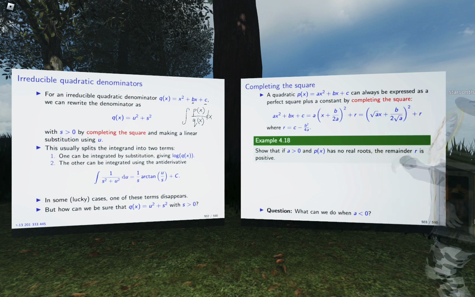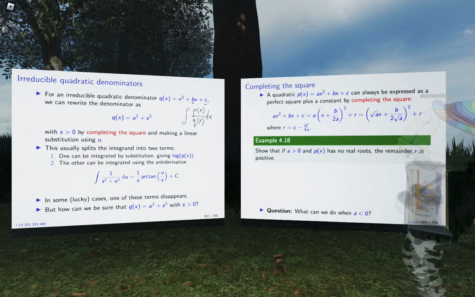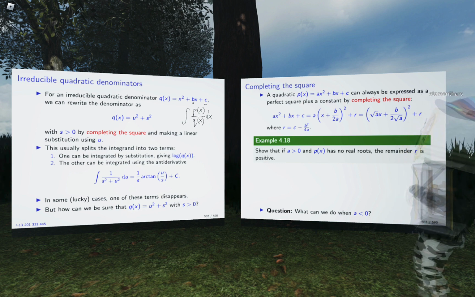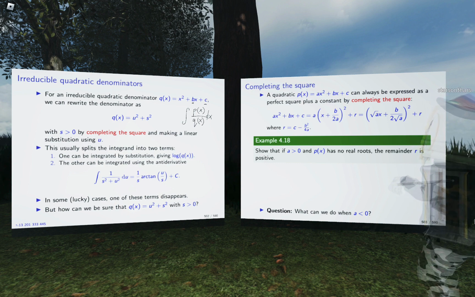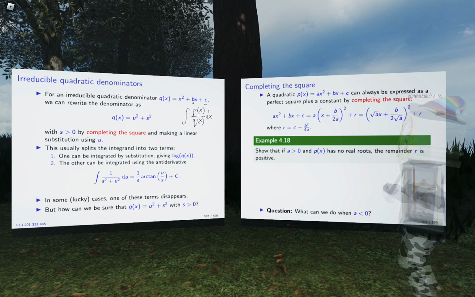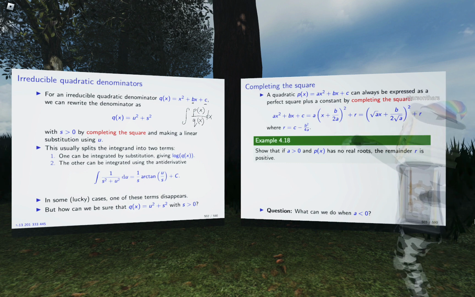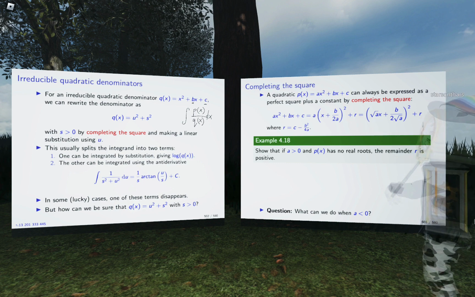So suppose we're given a quadratic, ax squared plus bx plus c. Now we can always write it as a perfect square plus a constant. That's this trick here. As I've mentioned before, I don't memorize this formula. If I want to put something in the form of a sum of squares, I just come up with the factor that matches the linear part and then make the r whatever it has to be.